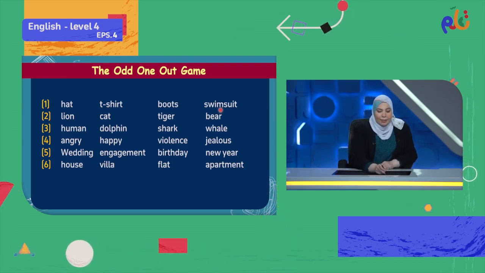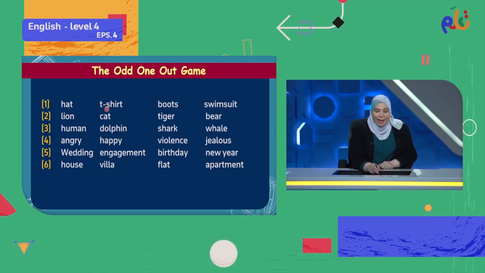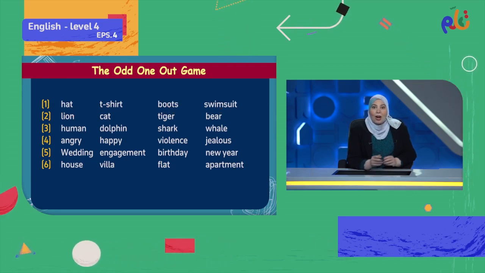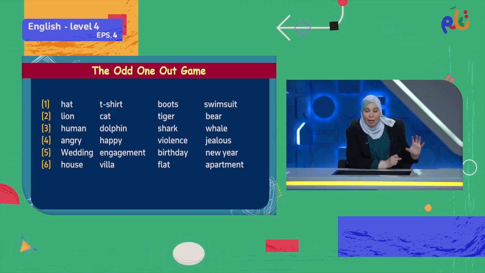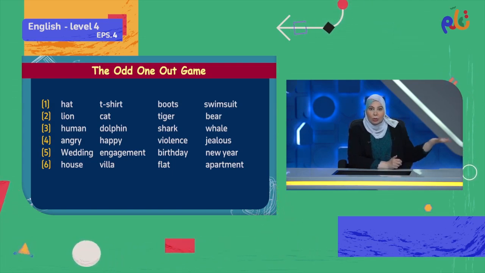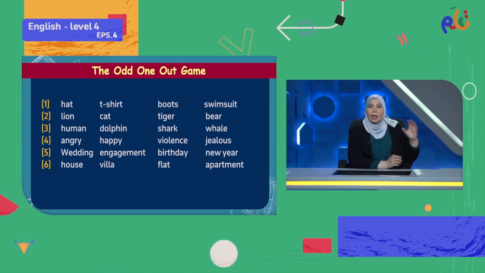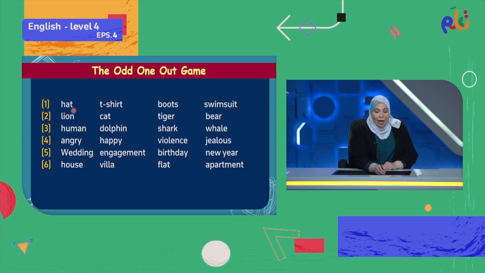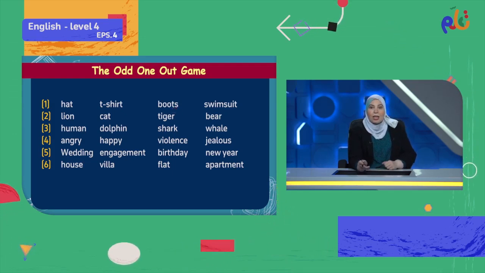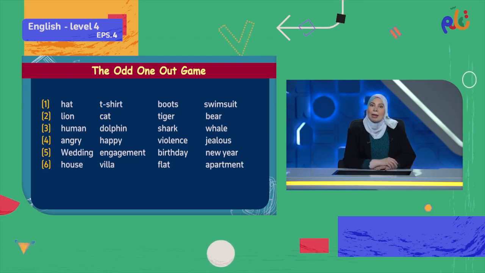Because basically, lion, cat, and tiger are from the same family. If you remember the episode that we had for the animal kingdom, in this episode we talked about families. Lion, cat, and tiger are from the same family, which is not the same like bear. Bear is from a different family.